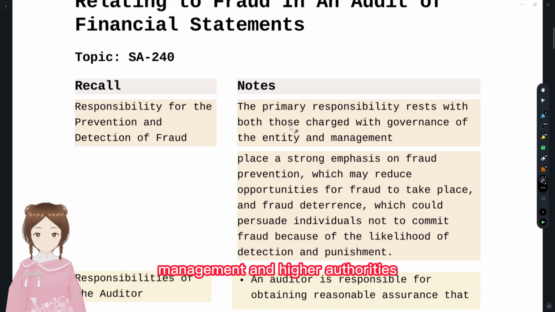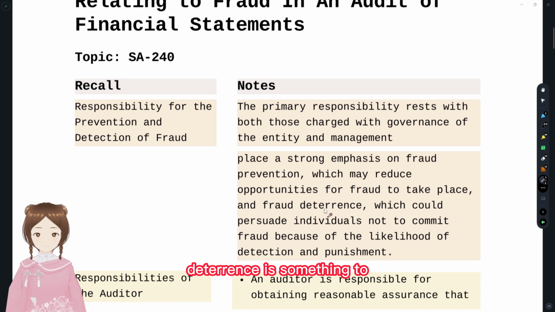Management and higher authorities, those charged with governance. How do they have to do it? Place a strong emphasis on fraud prevention. That is, they have to put in controls or communicate strongly within the entity and its employees, which may reduce the opportunity for fraud to take place. And fraud deterrence.